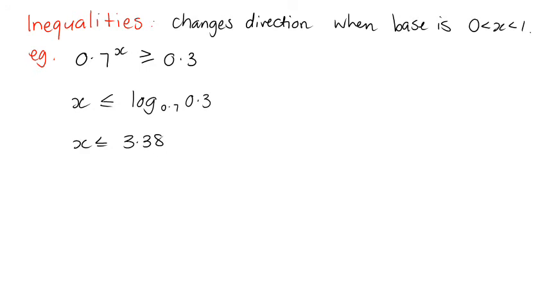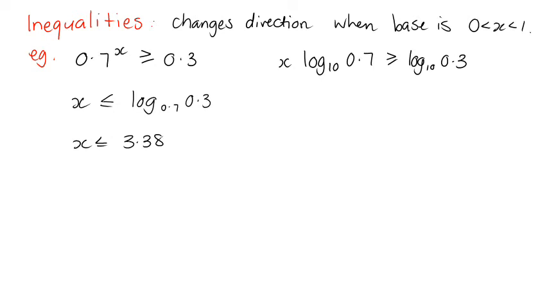Or if you were to do it the other way and take log base 10 of both sides, you get x log base 10 of 0.7 is greater than or equal to log base 10 of 0.3. Now, what is actually log base 10 of 0.7?